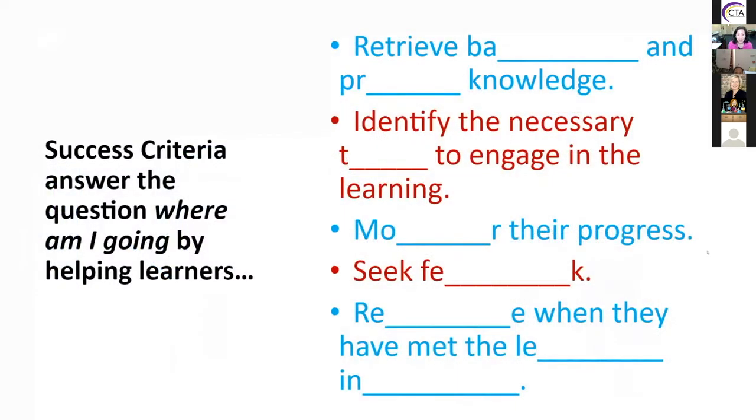All right, so let's take a couple of minutes and let's unpack how does success criteria help us answer the question where I'm going by helping learners do what? Let's unpack what this means. So let's take a few minutes to take a look at this. What if success criteria doesn't answer the why students will benefit from learning this?